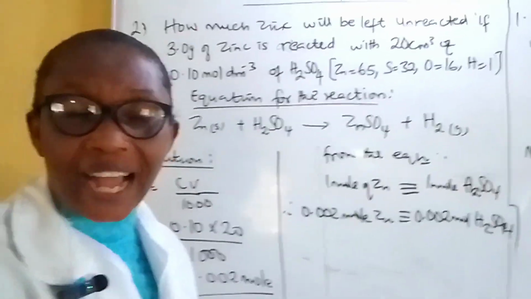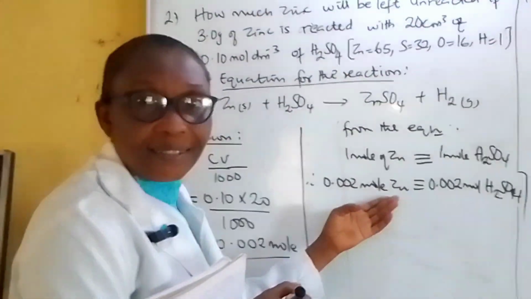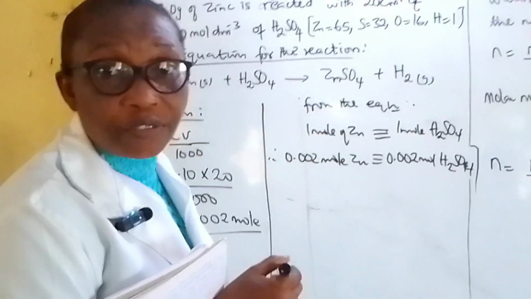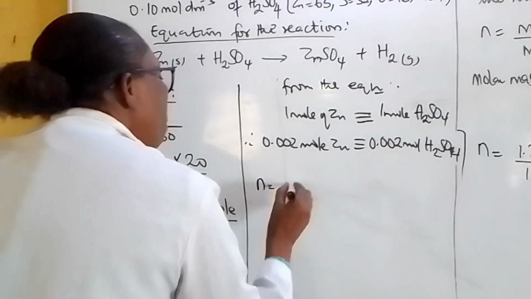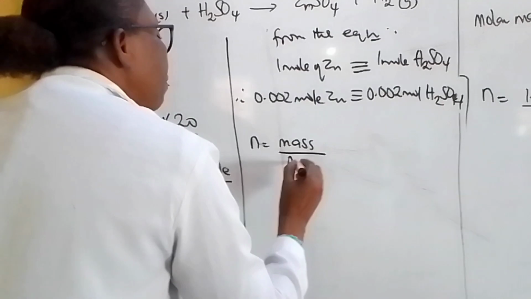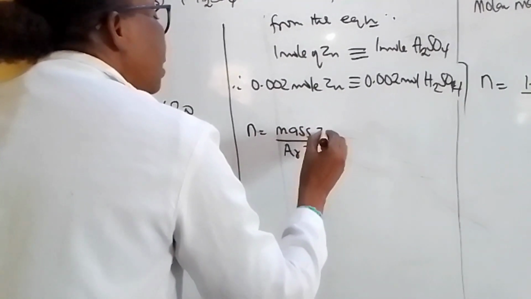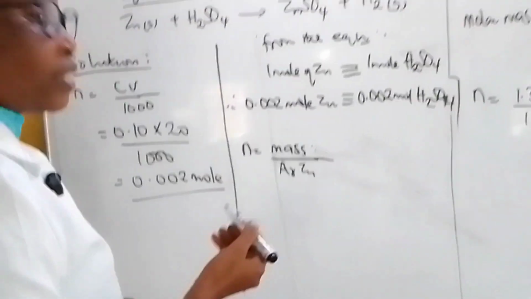So we want to find the mass of the zinc that constitutes this 0.002 mole of zinc. So we have that n is equal to the mass of zinc divided by the relative atomic mass of zinc.